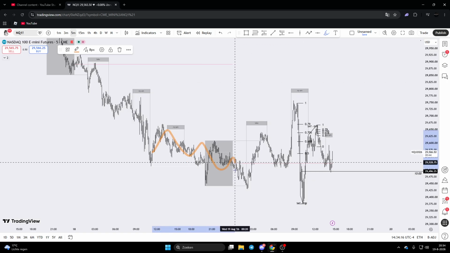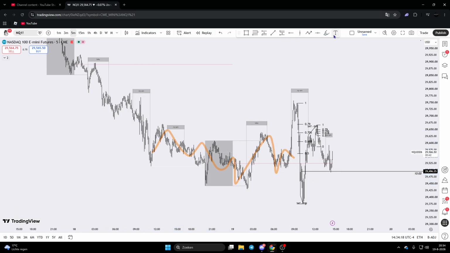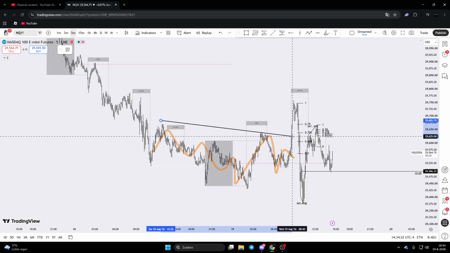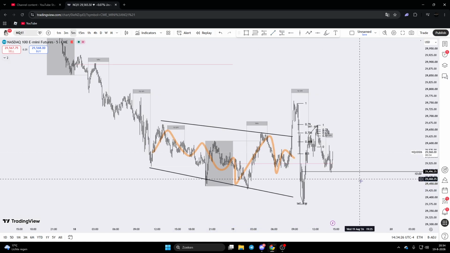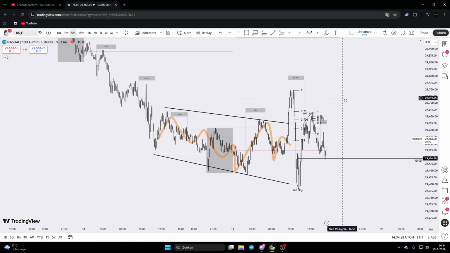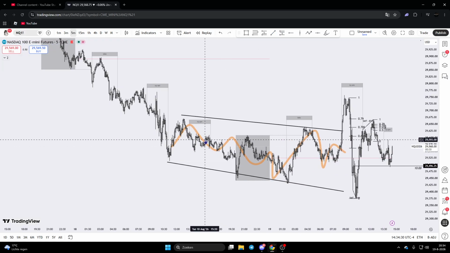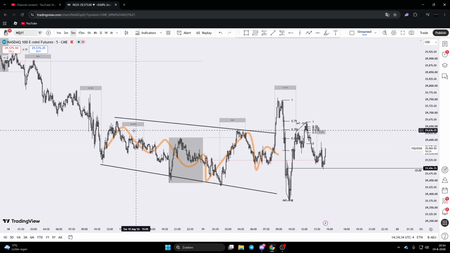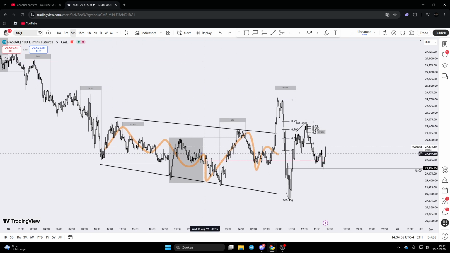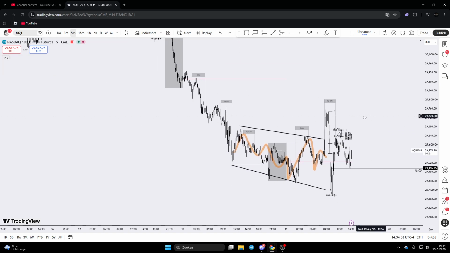We had a bunch of accumulation, right? If you draw this, it might make more sense. You can see we have clear accumulation throughout New York PM, Asia, and London. We don't really manipulate anywhere between these times.